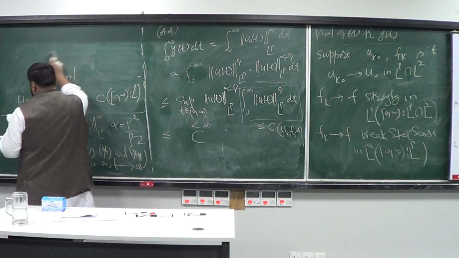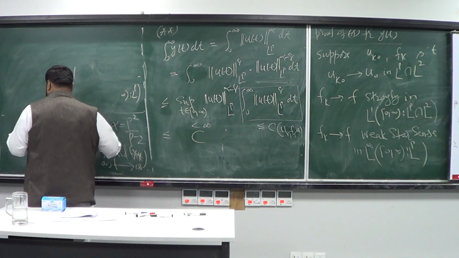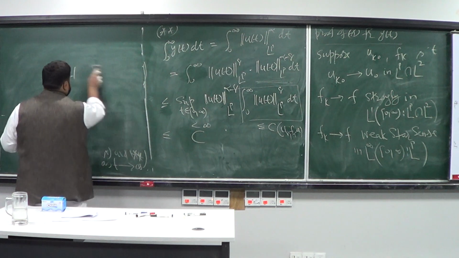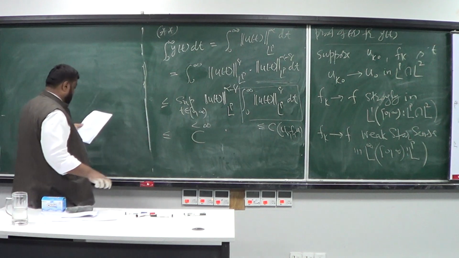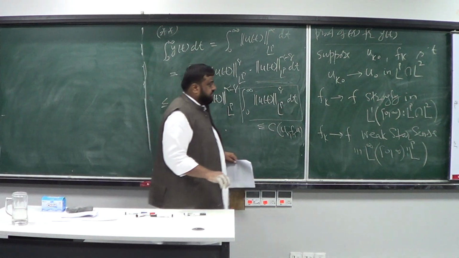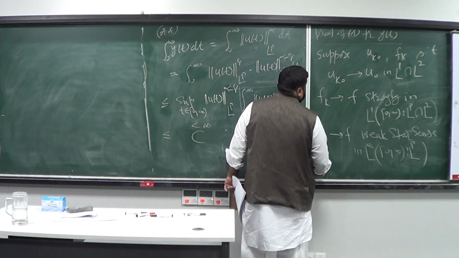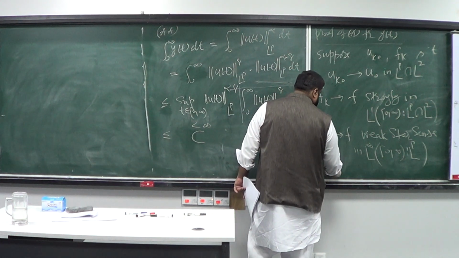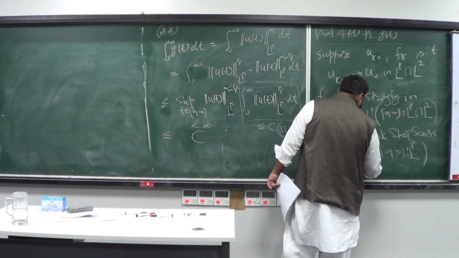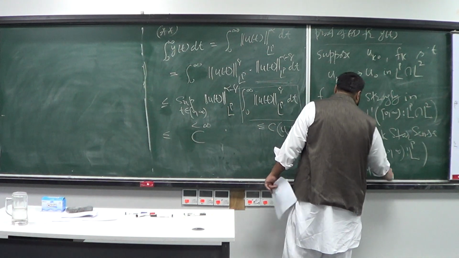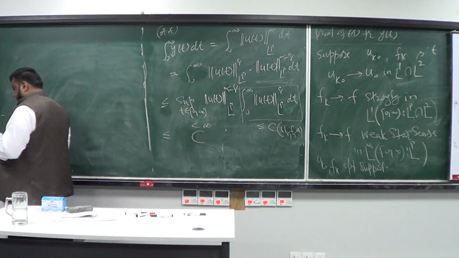In dimension 2, by the way, you can also assume about U_k naught and F_k that they have compact support. They are continuous functions with compact support.